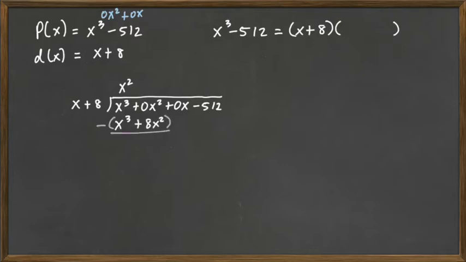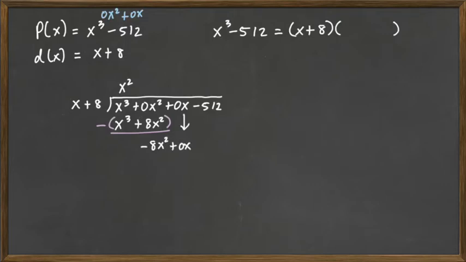We'll go ahead and subtract. So you'll have x cubed minus x cubed, and of course that's 0, which is what we expect. And then you have 0x squared minus 8x squared, so 0 minus 8, you're going to get minus 8x squared.